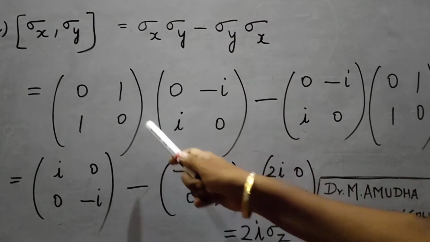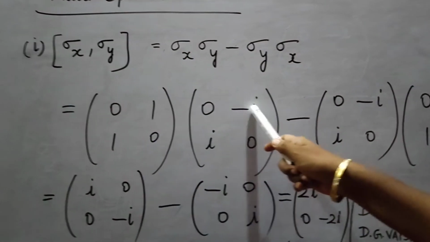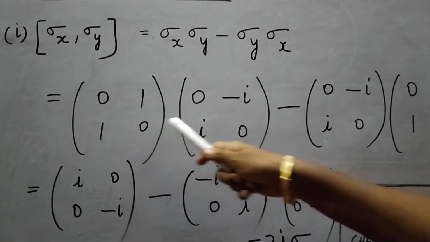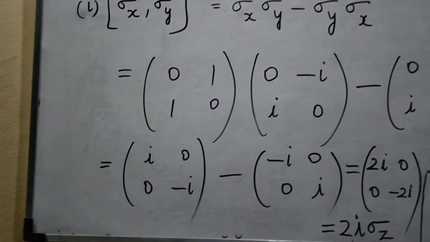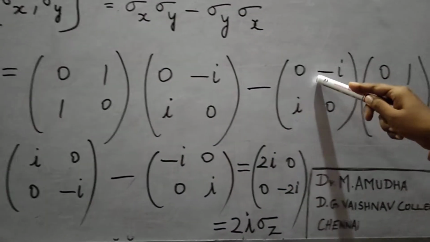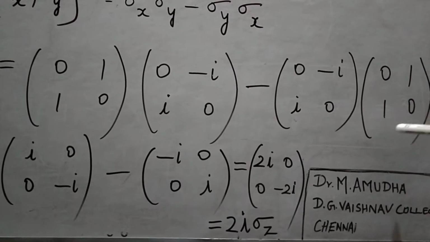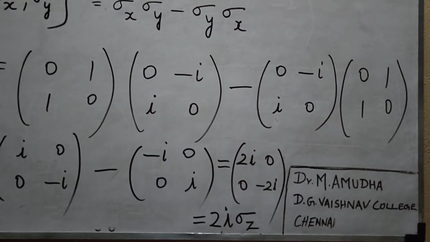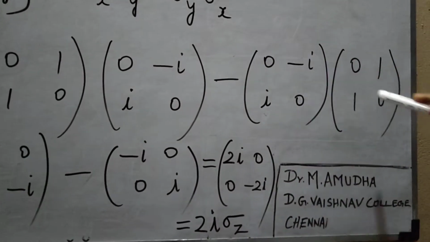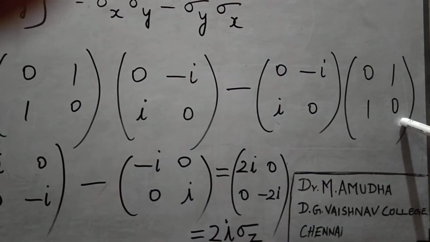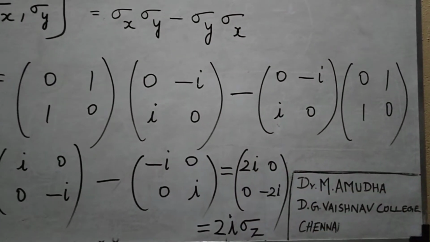And similarly, this one, that is 1, 0, minus i, 0. 1 into minus i, 0 into 0. So, when you add these two, in this element, you will get minus i. Similarly, here also you see row into column. 0 into 0, minus i into 1, that is minus i, that should be written here. And similarly, row into column, 0 into 1, 0, minus i into 0, that is also 0. So, when you add these two, put the solution here in this position, that is 0.